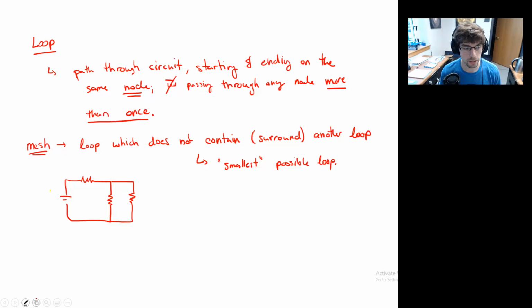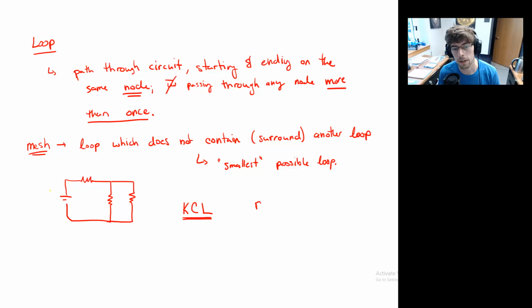Okay, we give you these terms not to make your brain spin, and hopefully some of them make some intuitive sense already. I give these to you because they can be helpful when describing a circuit and also determining how many equations you need. So for example, next video, when I want to apply Kirchhoff's current law, KCL, I can do that a specific number of times. Well, how many times?